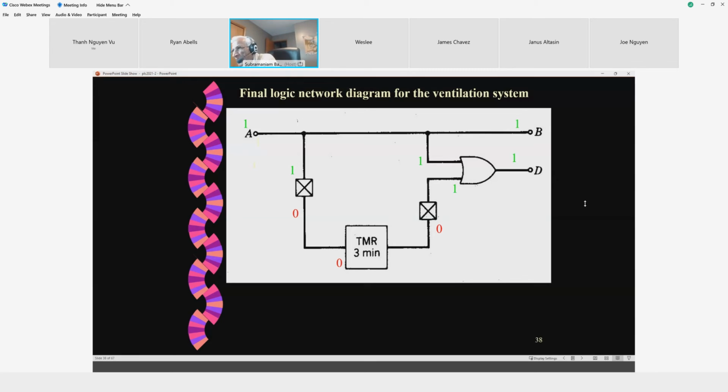Now go through the other section of the logic diagram. A is 1. Input to the NOT is 1. Output from the NOT is a 0 because it's a NOT operation. Input to the timer is a 0. That means timer won't count at all. Output from the timer is a 0.